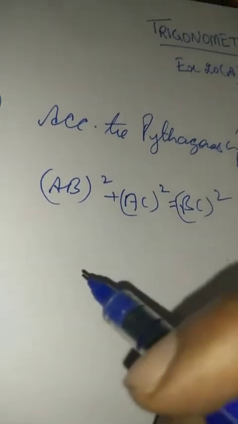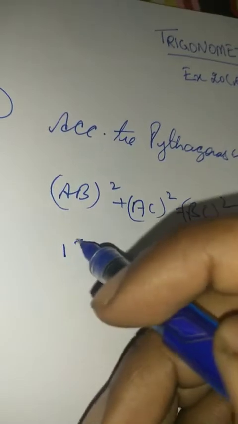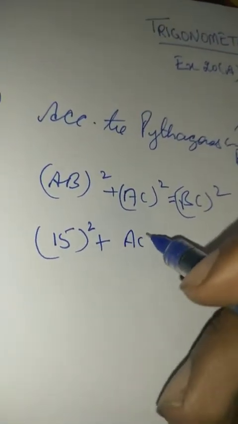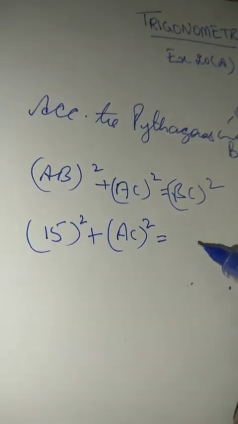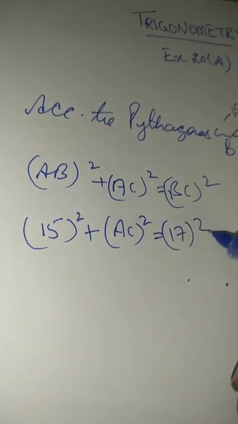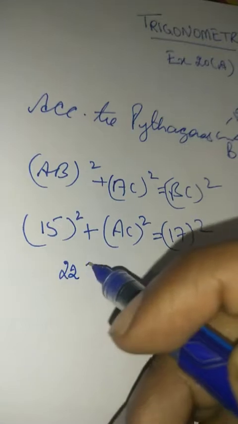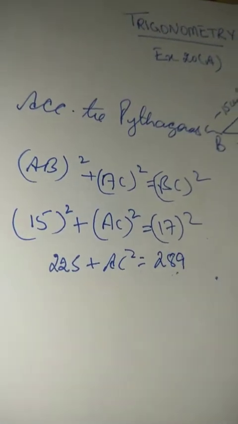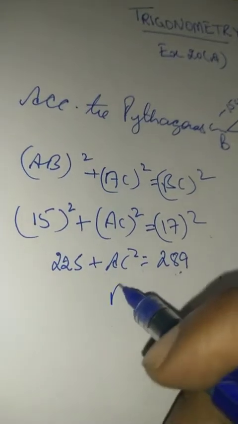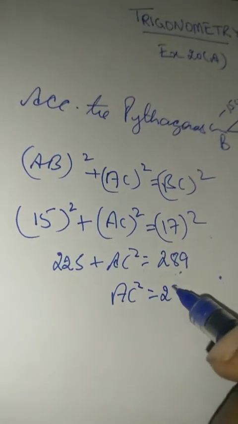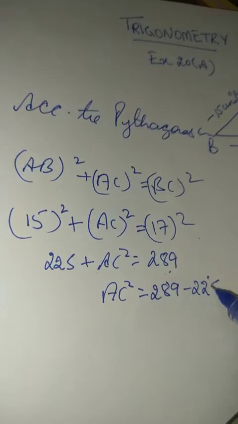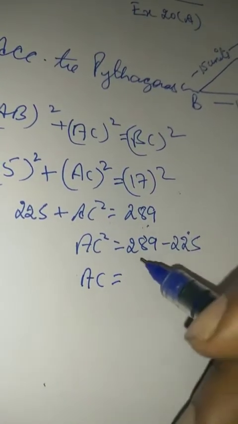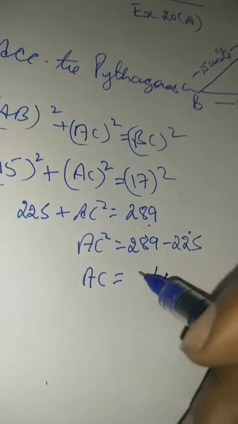Alright, let's substitute. AB from this question is 15 units. AC we do not know, so let it remain unknown, and BC is 17, squared. So 15 square is 225 plus AC square is equal to 289. So that means now AC square will be equal to 289 minus 225, which is 64.